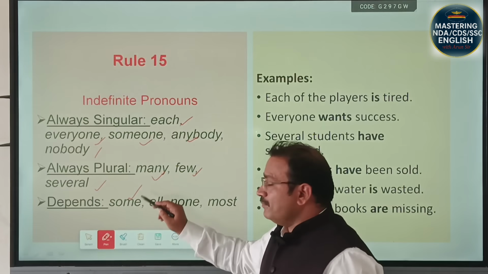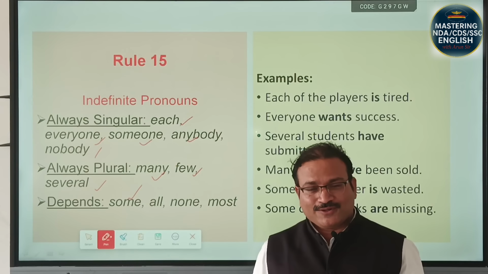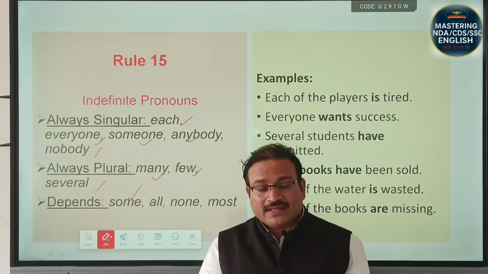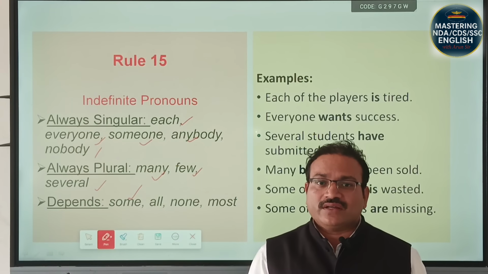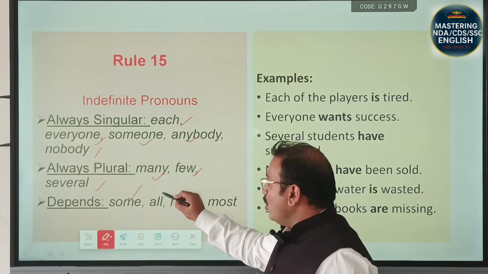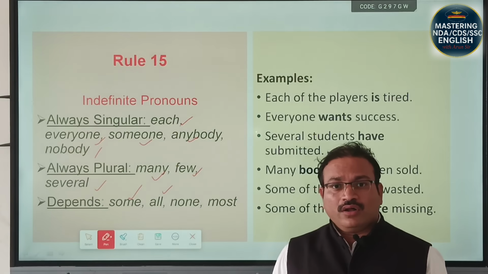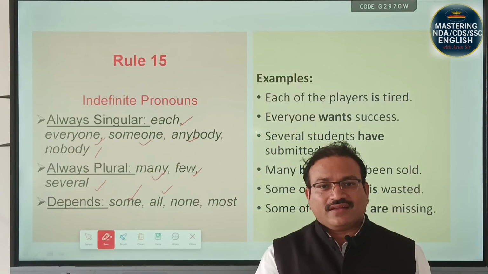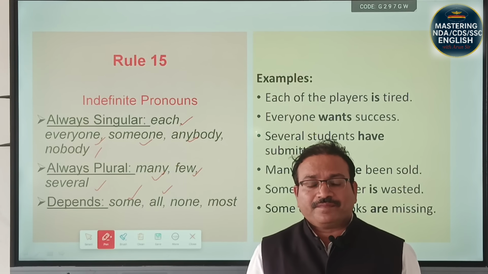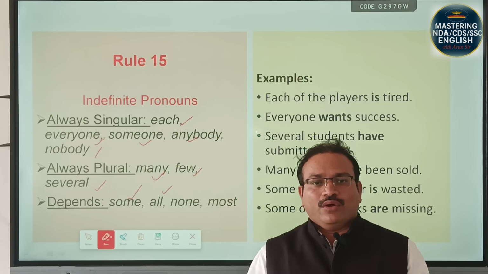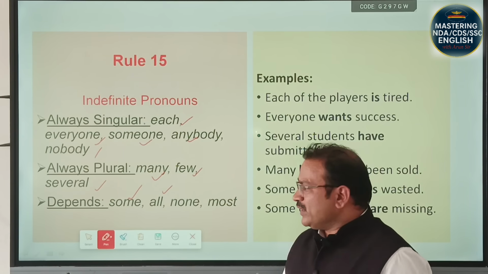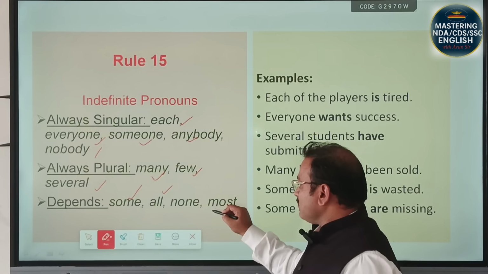Like some boys, so some becomes plural here. Some water, water is uncountable, so some becomes singular. All students, all becomes plural here. All work is uncountable, so all becomes singular here. So it depends.